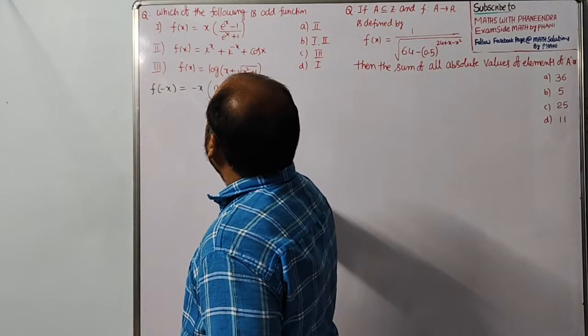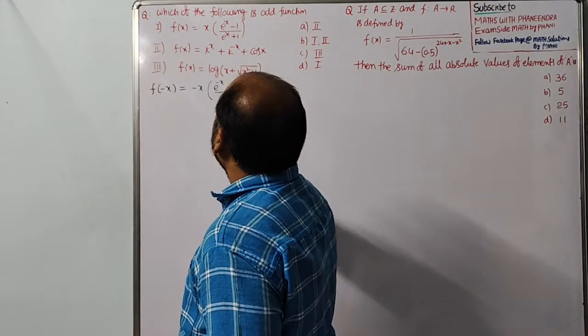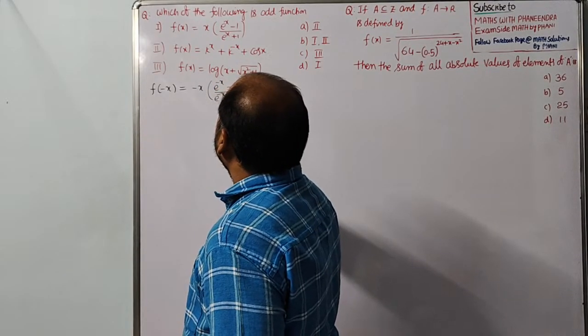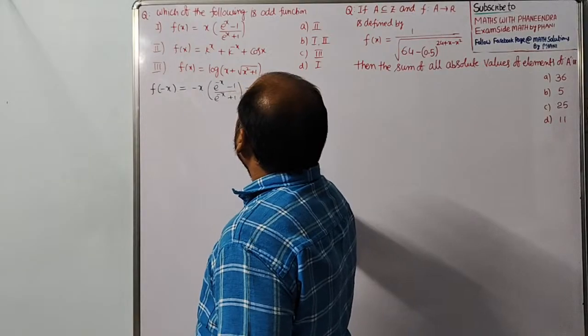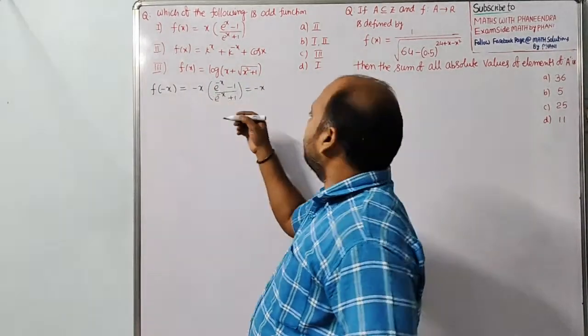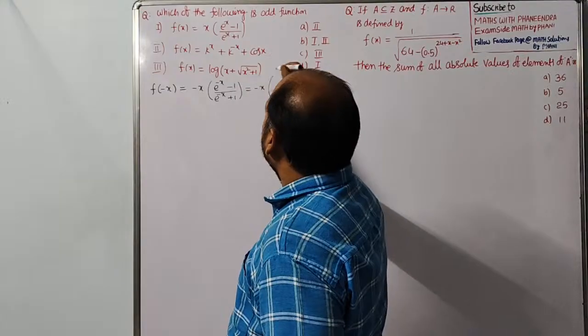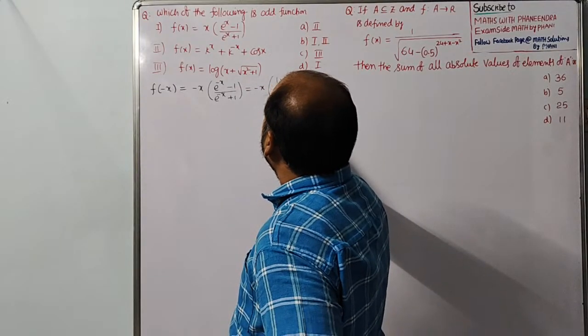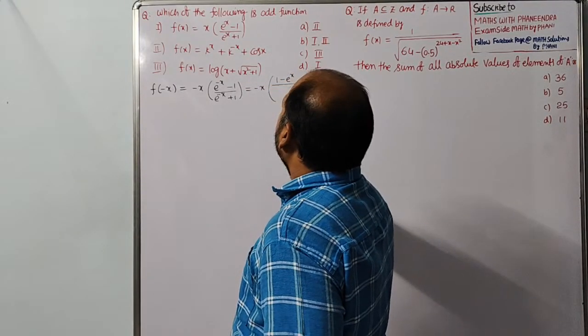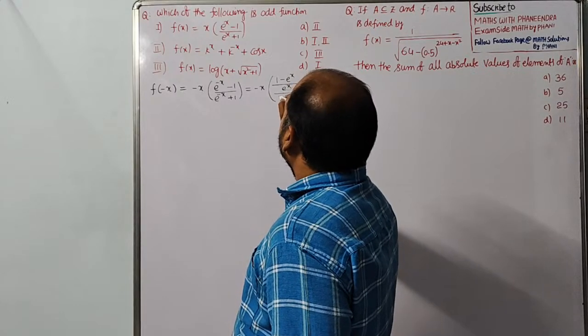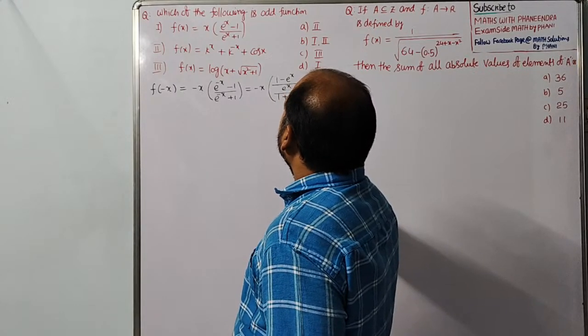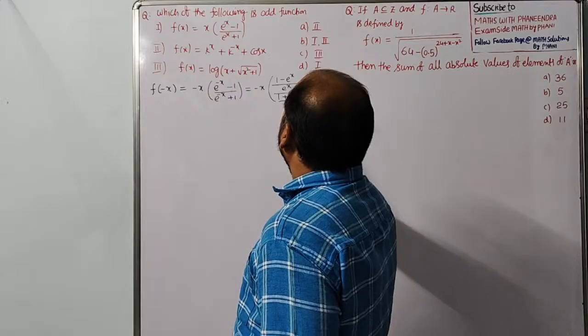So (e^(-x) - 1)/(e^(-x) + 1). Here e^(-x) means 1/e^x. So 1/e^x - 1, after taking LCM, is (1 - e^x), divided by e^x anyway. Here also (1 + e^x) divided by e^x will come.